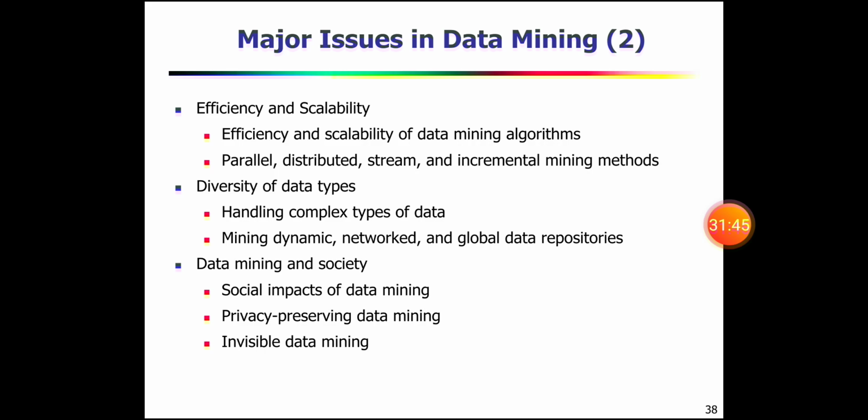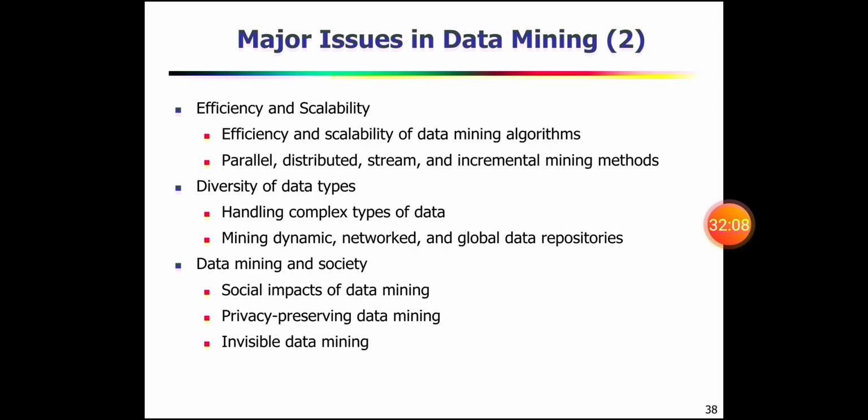If you increase the size of data, say to 1 TB, according to that you have to have efficiency. If it goes up by 1.5, according to that you have to increase the efficiency. According to the scalable data, you need to increase the efficiency. That is the efficiency and scalability of the data mining algorithms.